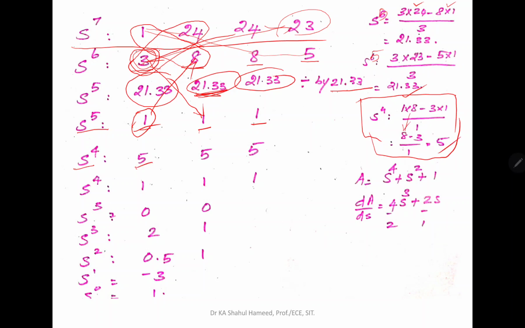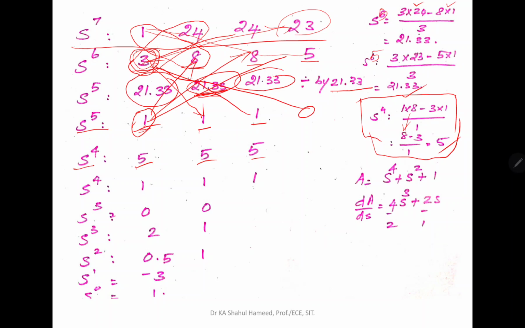So I am just writing 5. Similarly, 1 into 8 minus 1 into 3 divided by 1, again the same value 5. Finally 1 into 5 minus 0 into 3 is 0, divided by 1, it's 5.